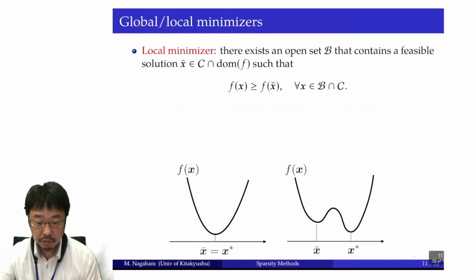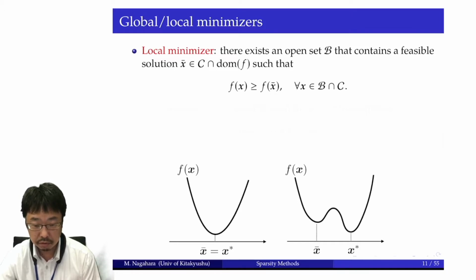In general optimization problems, there are two types of solutions, namely global minimizers and local minimizers. A local minimizer is defined as follows.